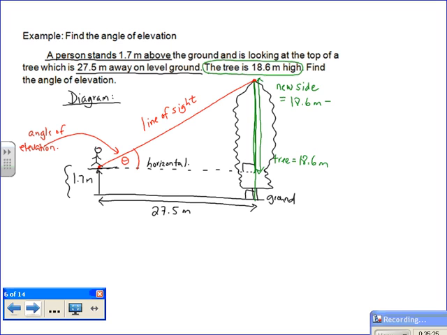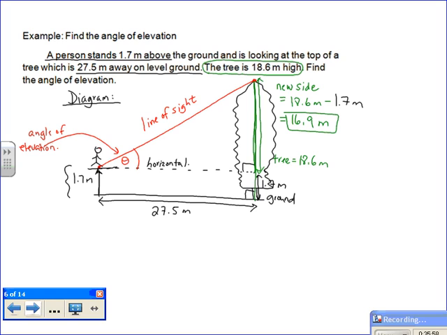So this distance right here is 1.7, because over here it was 1.7, and the line I made is just a horizontal line, so it's the same distance over here. So it's minus 1.7. So I can figure out what that new side is, and it's equal to 16.9 meters. So now that new vertical height in my right triangle is 16.9 meters, and that's important. Let's figure out what the angle of elevation is.